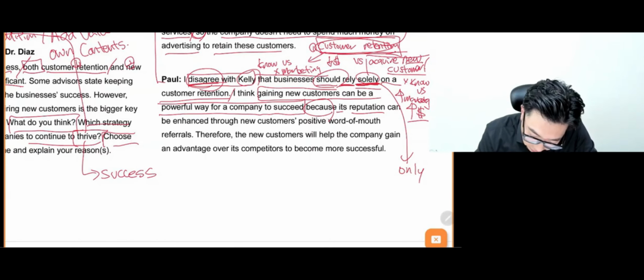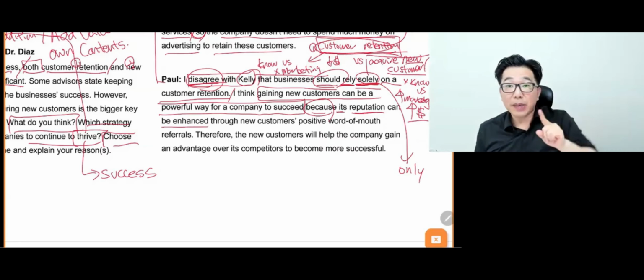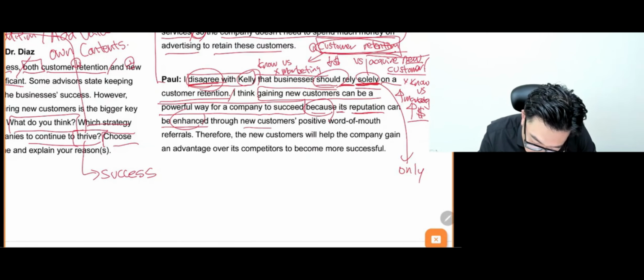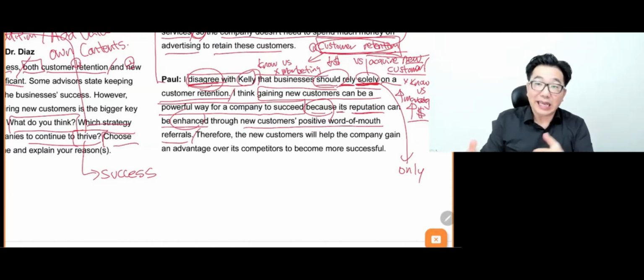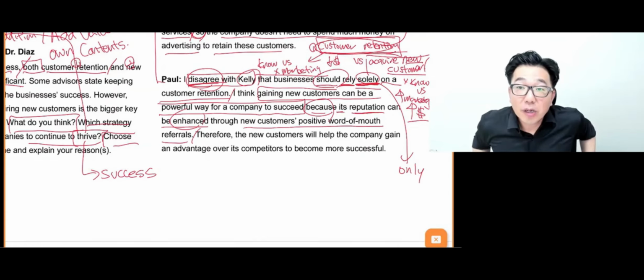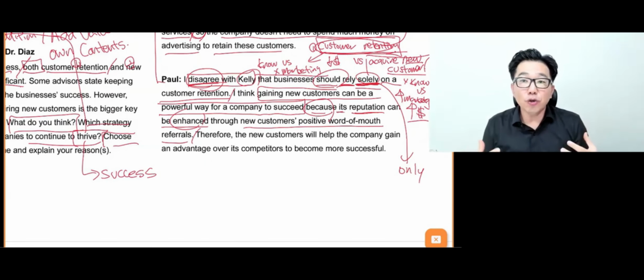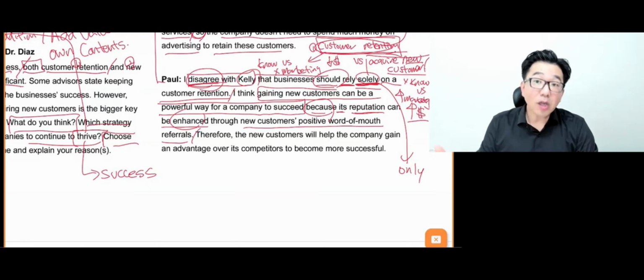Okay. So the reason is a company's reputation can be enhanced, can be improved, can be increased through new customers' positive word of mouth referral, of course. Okay. So it's something additional because it's new. You are adding new customers, new positive reviews, new positive referrals to the market.